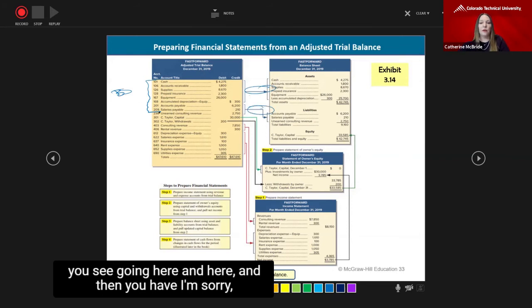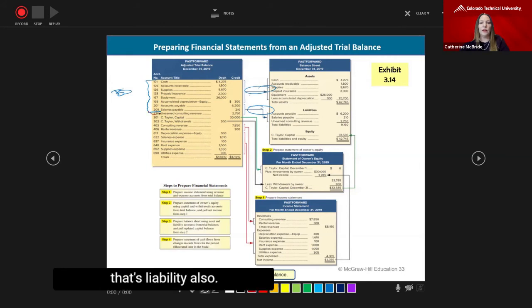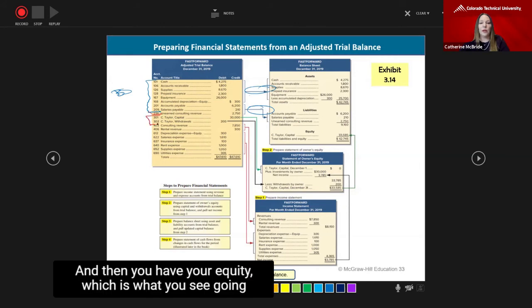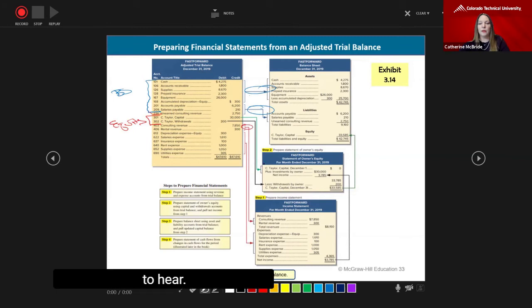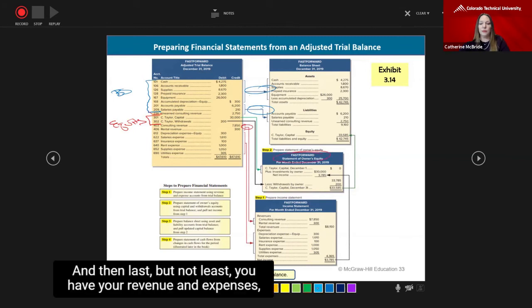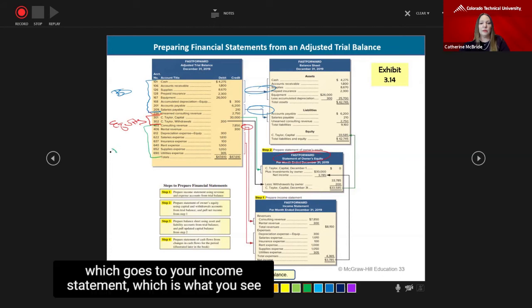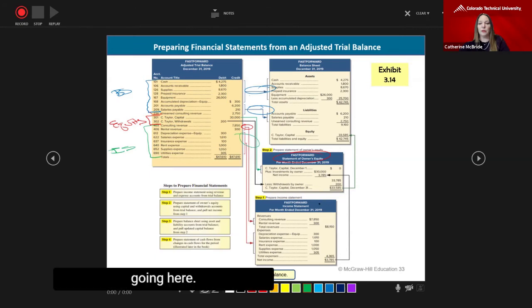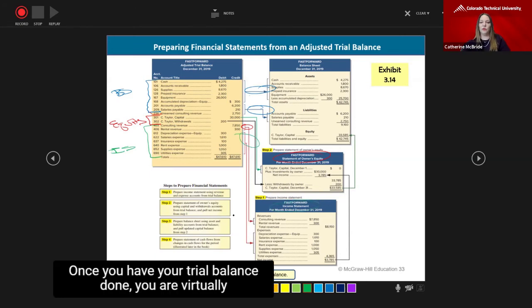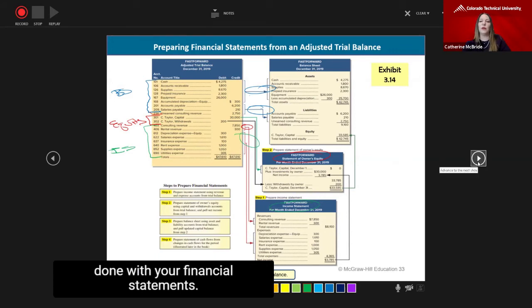And then you have your equity, which is what you see going to here. And then last but not least, you have your revenue and expenses, which goes to your income statement, which is what you see going here. So once you have your trial balance done, you are virtually done with your financial statements.